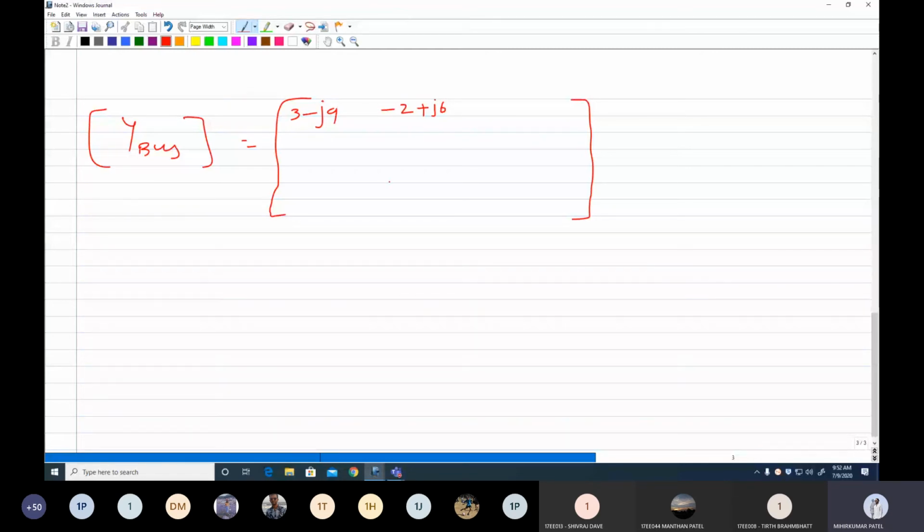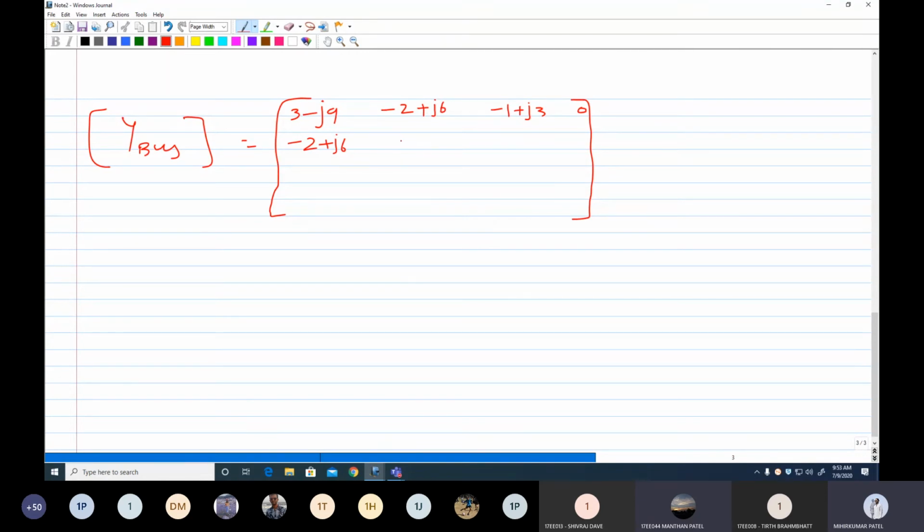Then y13 is 1 minus j3, and its negative is minus 1 plus j3. The last one is 0. Clear? As it is a symmetric matrix, the value of 21 is equal to 12.